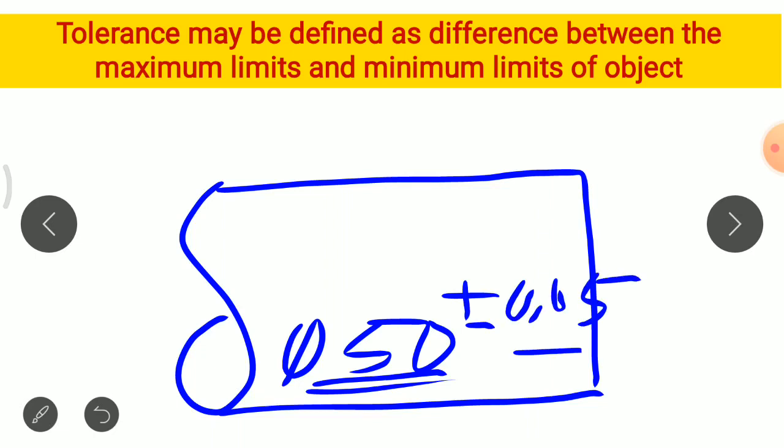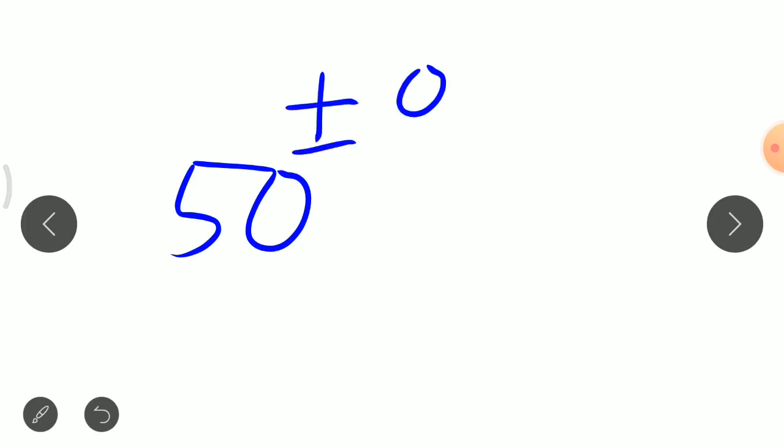And what does it mean? That we can manufacture the object from 50 mm towards the plus side by 0.05 and towards the minus side by 0.05. Here we have two dimensions. After considering the plus minus 0.05 value, I will write the designer's value, that is 50 plus or minus 0.05.